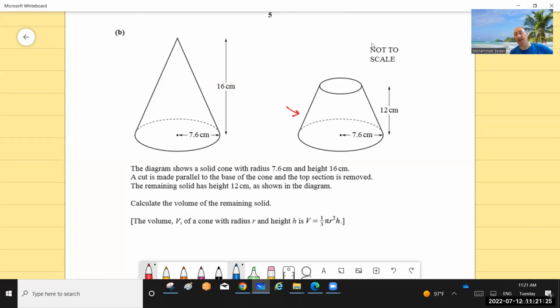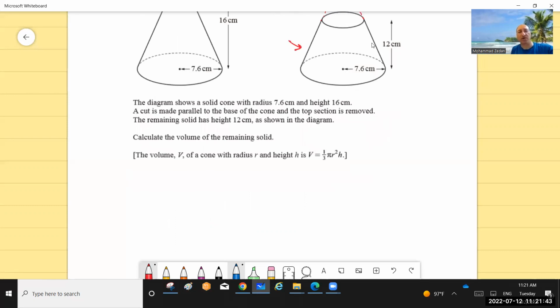Calculate the volume of the remaining solid. So consider this was complete like this, and then this part is removed from the cone. We need to calculate the volume of this part. First of all, we have to find the volume of the original one before the cut.